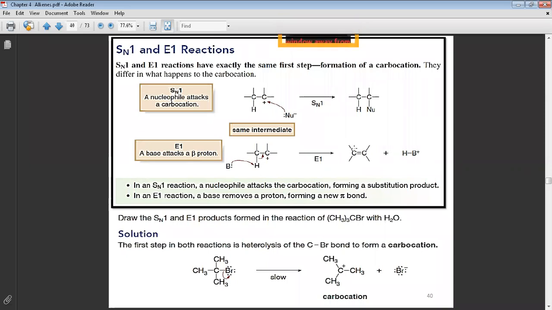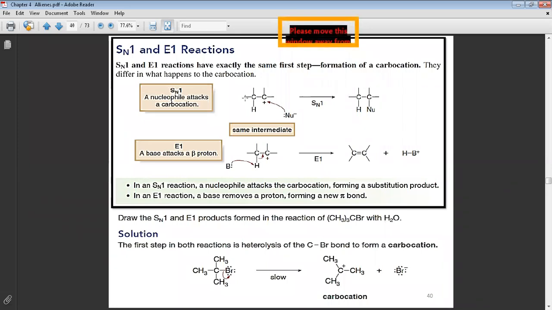If you go to the mechanism, step 1 for SN1 and E1 is the same. Both give you a carbocation. For SN1 the nucleophile attacks the carbocation, but for E1 no. The base attacks the beta hydrogen on the beta carbon and gives you a new double bond here.